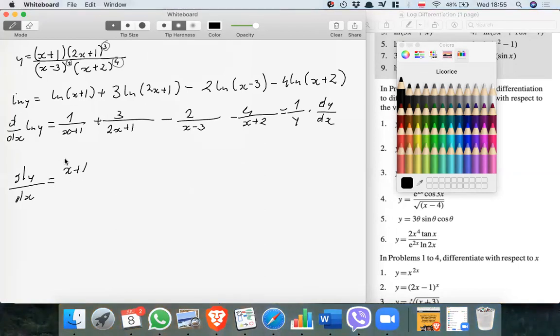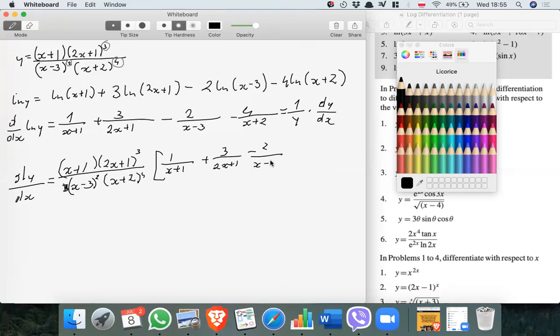So from here, I'm getting that dy/dx equals, again, multiplying by the whole function, (x plus 1)(2x plus 1) cubed, divided by (x minus 3) all squared, (x plus 2) to the power of 4, multiplied by all of this, 1 over x plus 1, plus 3 over 2x plus 1, minus 2 over x minus 3, and then finally minus 4 over x plus 2.